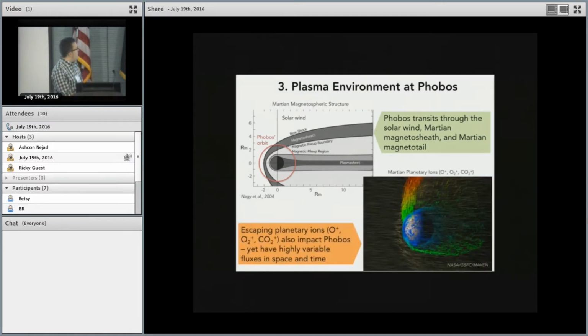However, Mars itself is actually a very prodigious source of planetary ions. The atmosphere of Mars is directly exposed to the solar wind. It forms this very narrow ionospheric layer on the day side. And in fact, a lot of the atmosphere of Mars can be ionized and stripped away. This is one of the major observational goals of the MAVEN mission, to measure this flux of planetary ions.